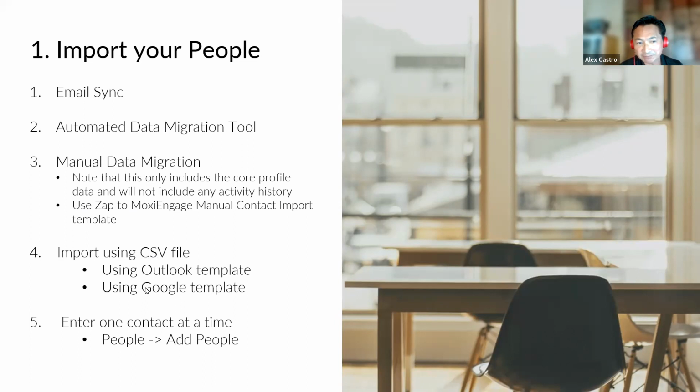Using an Outlook template and using a Google template. And then, of course, the enter one contact at a time. Okay, this is just one of the things that we're covering today, and you can see there's a lot already in just this particular piece. So I'm just going to take a few slides, and then I will also go into demo mode, okay, live mode. So here we go.